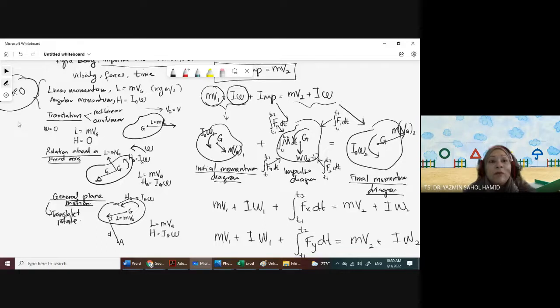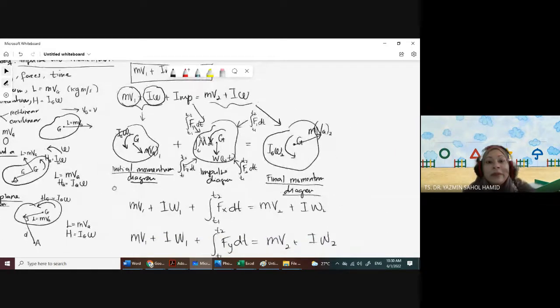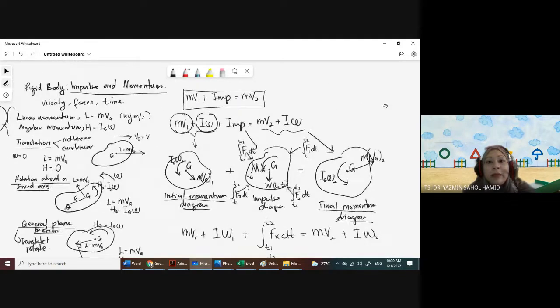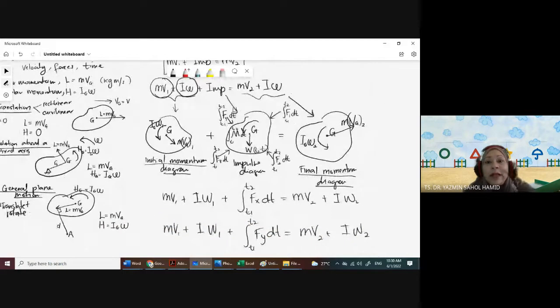It can move in translation, rotate about a fixed axis, or have a general plane motion. And this is the diagram that you need to draw if you have questions related to impulse and momentum. For impulse, you have to consider all the external forces, the moment, the weight that is related to that question.